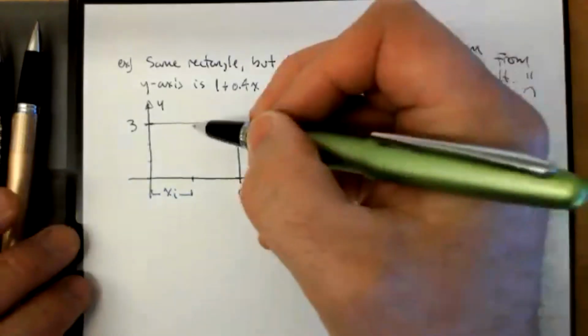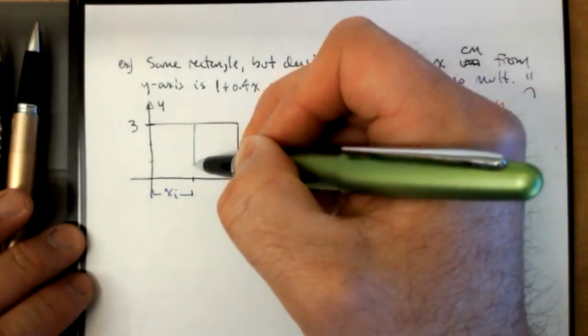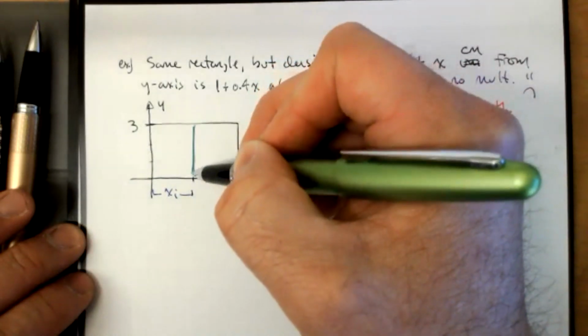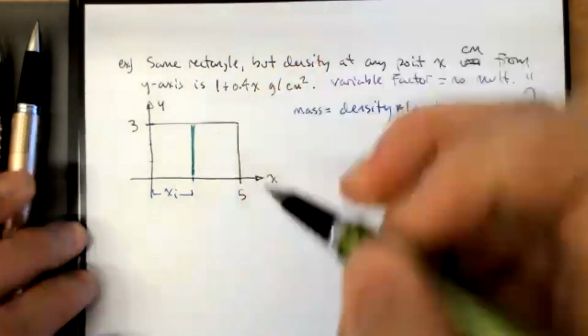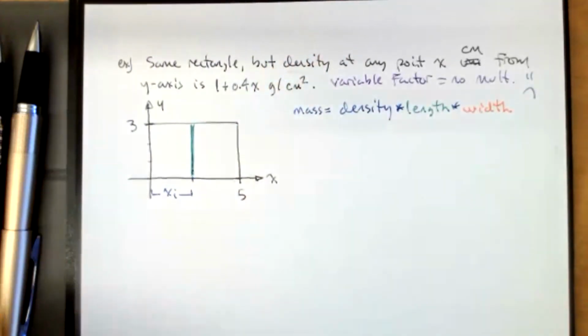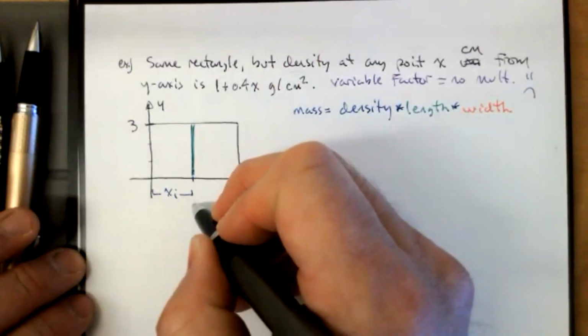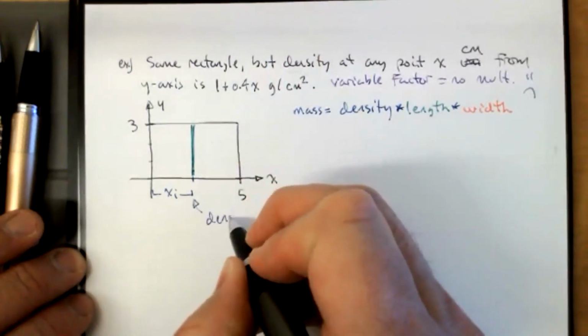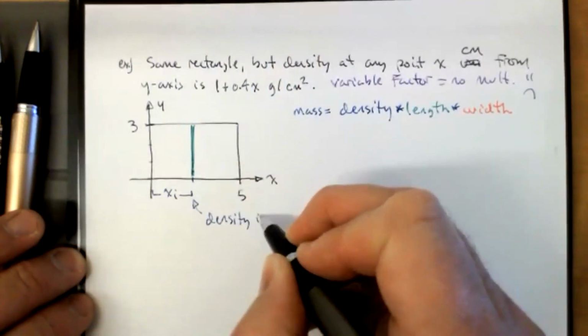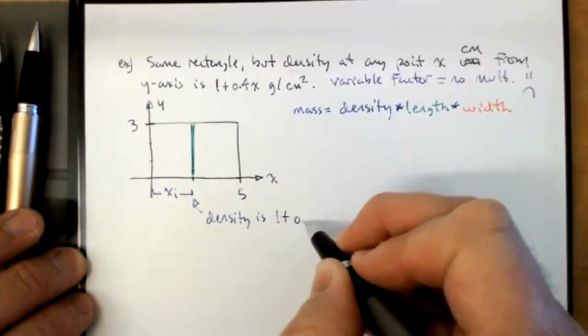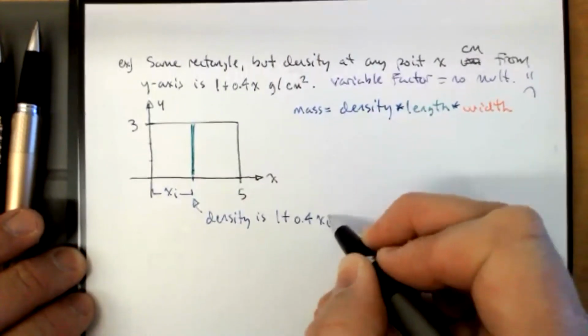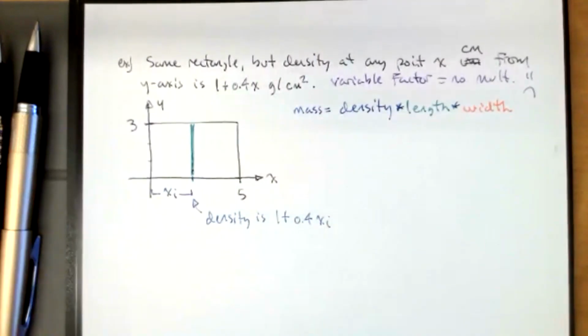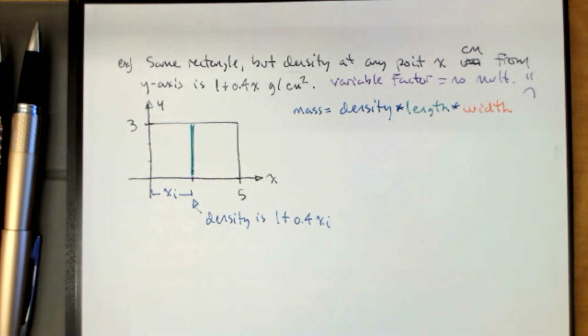So I'm going to mark where the density is constant. So the density at this point is 1 plus 0.4 xi. Just at that point, I want to use this density for some small change in x.